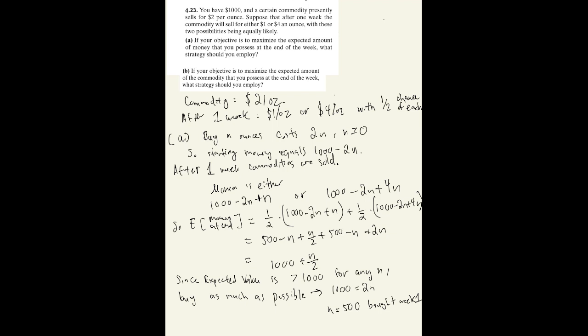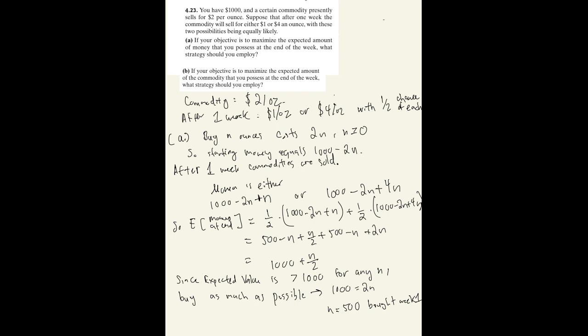For part B, we're maximizing the amount of commodity. Similarly, we have 1/2 times the functions. For this one, we have 1000 minus 2n plus n, and 1000 minus 2n over 4 plus n.